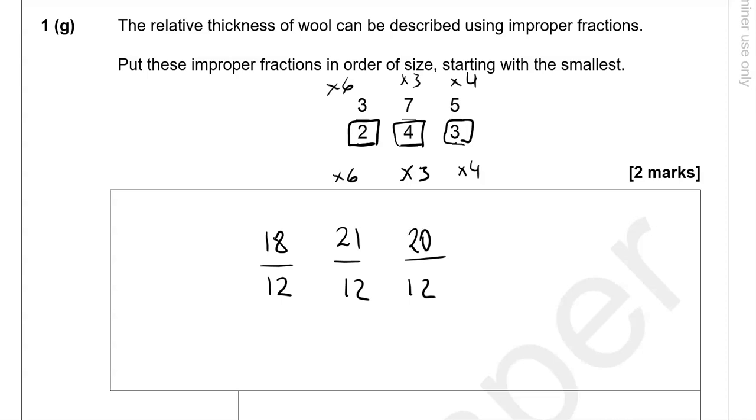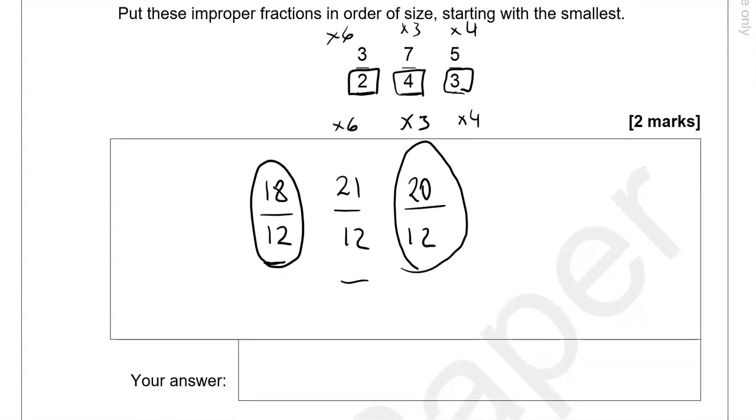We can easily compare them now. So the smallest of them all is this one. Then we have this one, and finally this. So 3/2 is the smallest of them all. Then we get 5/3, and finally 7/4.